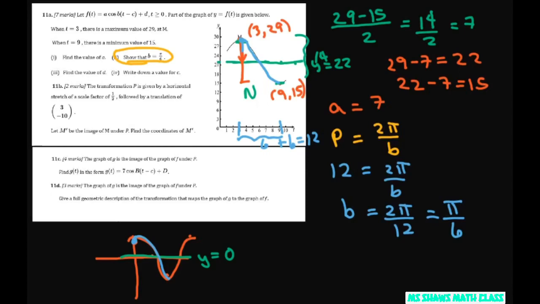All right. And now we have to do transformations. So we're going to do the transformation P, which is given by a horizontal stretch factor of 1/2, followed by the translation of 3 for your C and negative 10 for your D. So for that one, we know that we have f of t equals 7 cosine pi over 6 times t minus c.